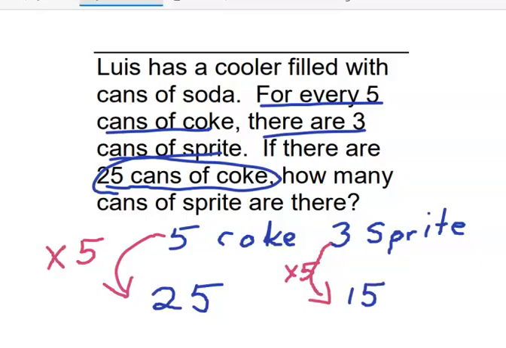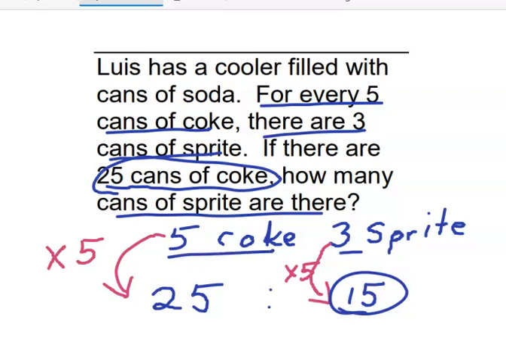It says how many cans of Sprite are there? So we're getting from 3 cans to 15 cans of Sprite. If the ratio is that there's always 5 cans of Coke for 3 cans of Sprite, and we increase it up to 25 cans of Coke, then there would have to be 15 cans of Sprite to keep the same ratio of 5 to 3.